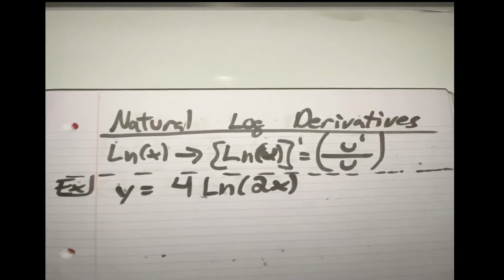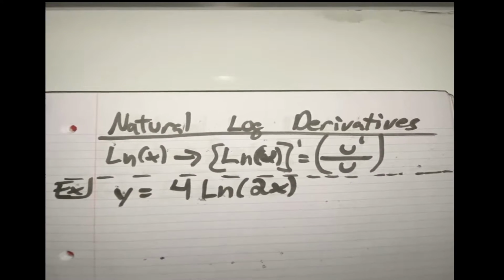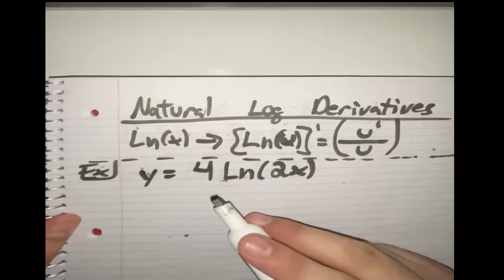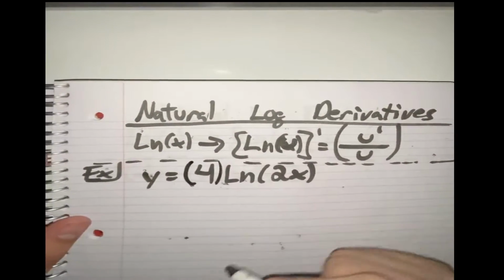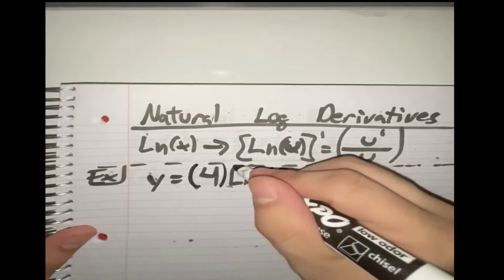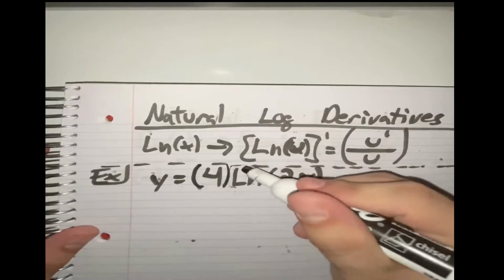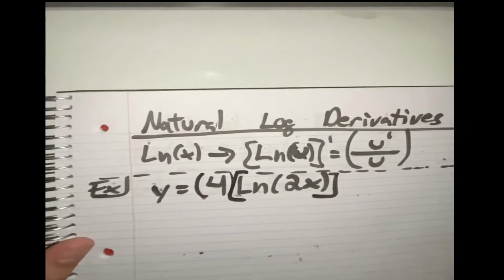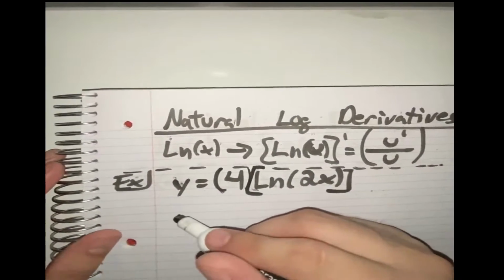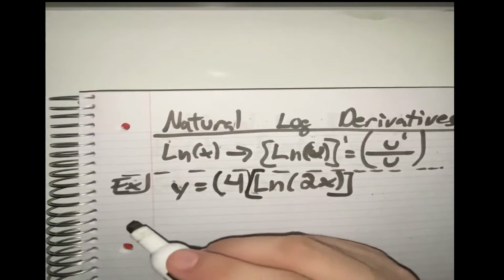So whenever we differentiate, the first thing we're going to do is, for right now, ignore the 4. Just ignore the 4 and strictly focus on this part of the function, natural log of 2x.